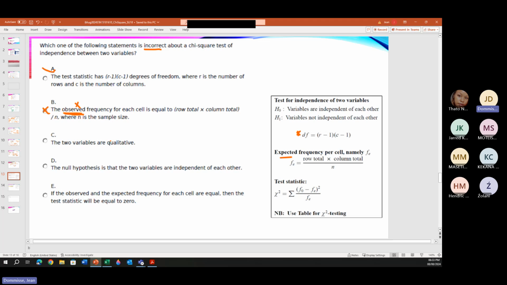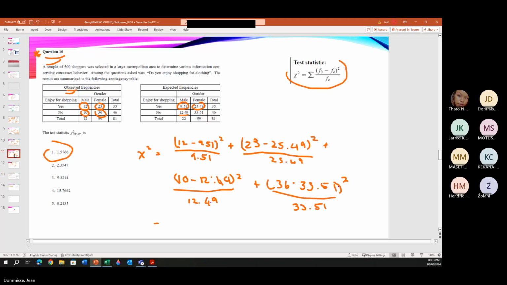Okay, but let's just look at the others as well. The two variables are qualitative. It is correct because, like this, male is qualitative, not quantitative. Female, qualitative. Enjoy shopping, yes or no, again qualitative.